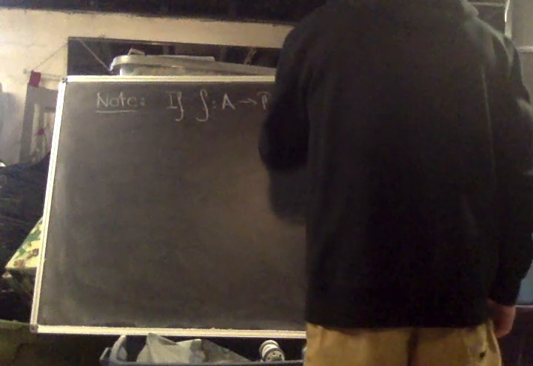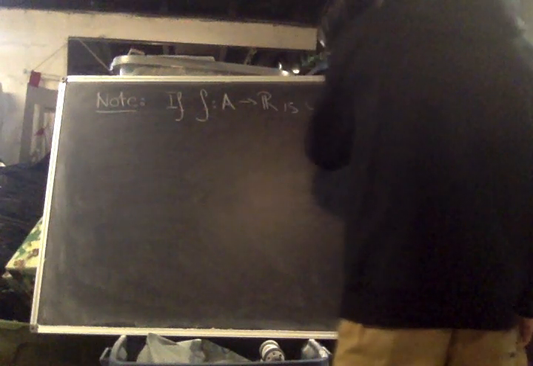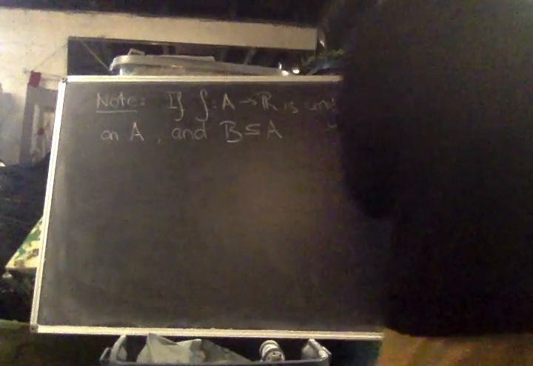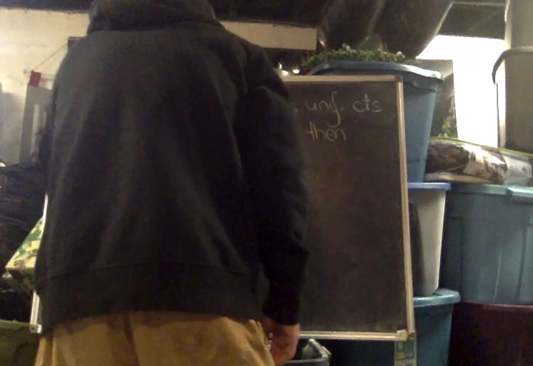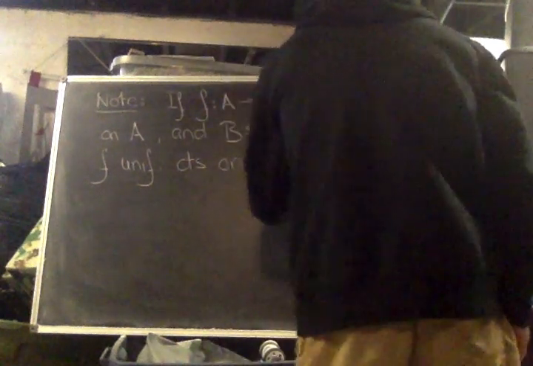Notes. If f from A to R is uniformly continuous on that set A, and you consider some set B subset of A, then f is uniformly continuous on B as well.